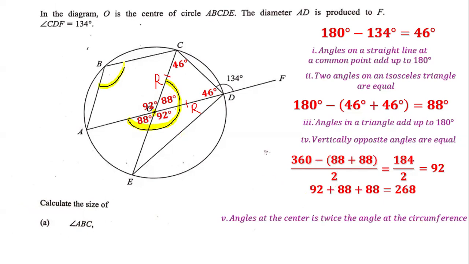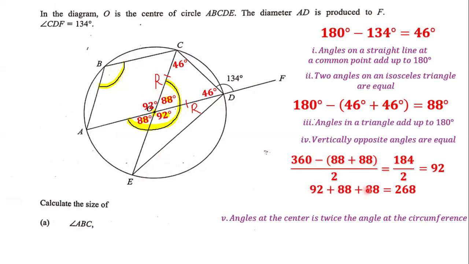So this angle that I have highlighted in yellow, this angle at the center, is twice the angle at the circumference. And so if we add 88 plus 92 plus 88, what do we get?